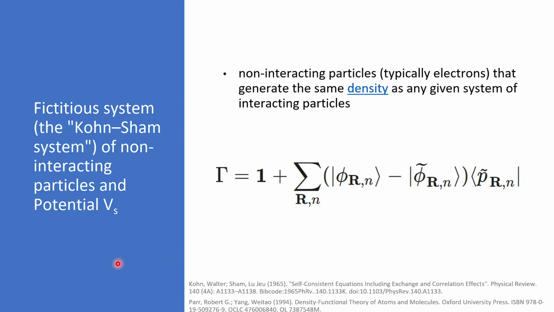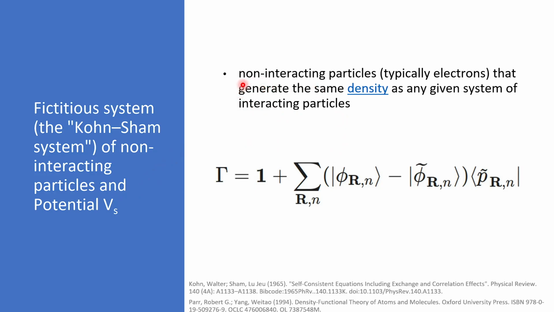And we call this system the Kohn-Sham system of non-interacting particles with potential Vs. So we move from interacting particles to non-interacting particles with potential V sub S. That would mean that each electron would be experiencing more or less the same potential.